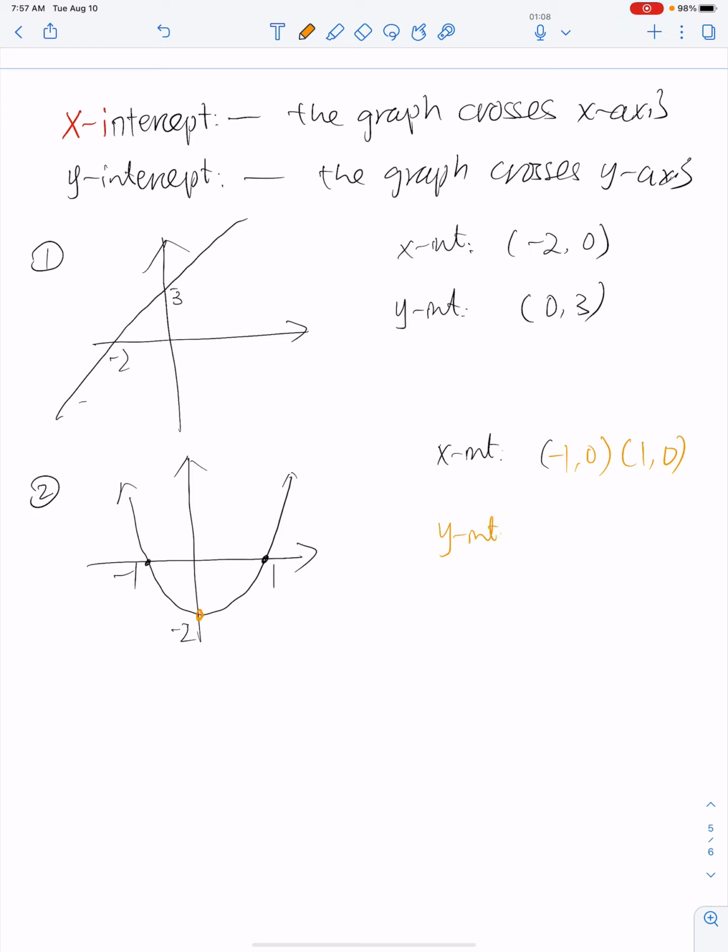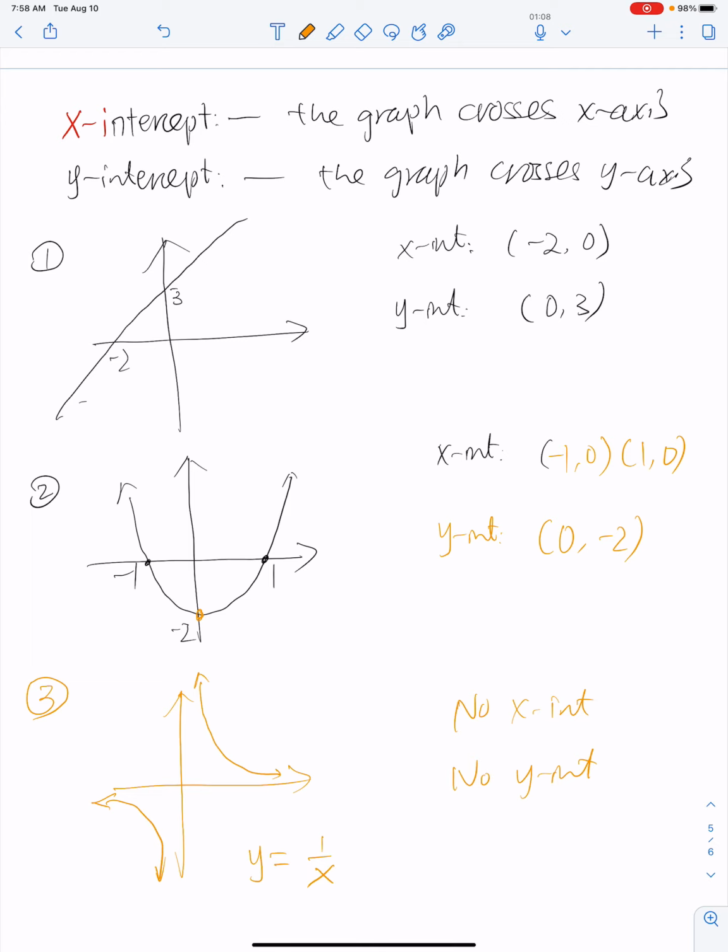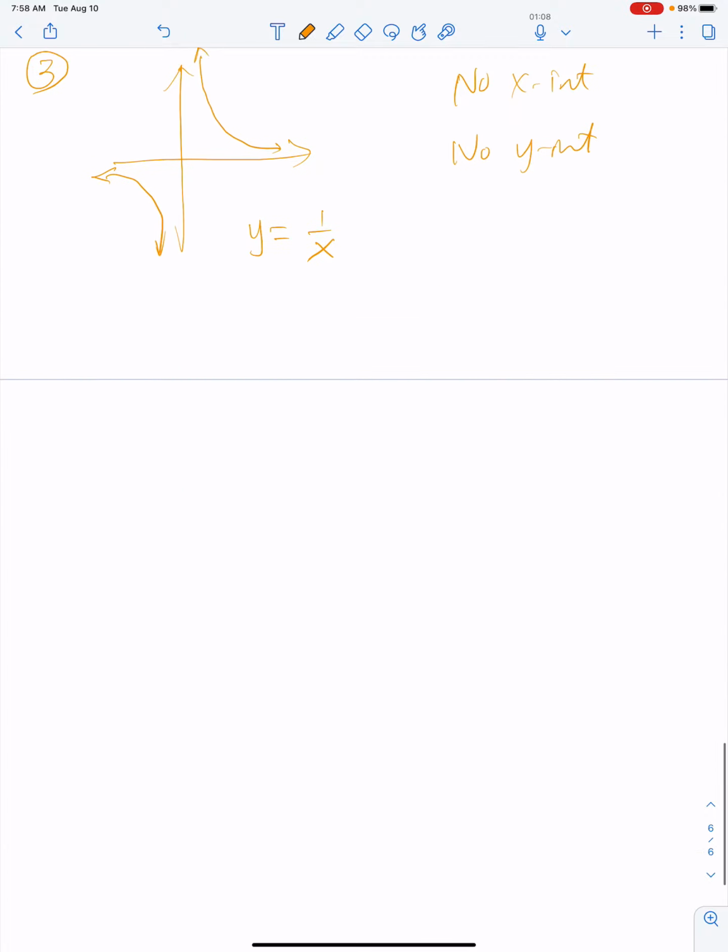The y-intercept is 0, -2. With me? Could we have a picture with no x or y intercept? Yes. Do you have any intercept? No x, no y. This is the famous equation, y equal to 1 over x.